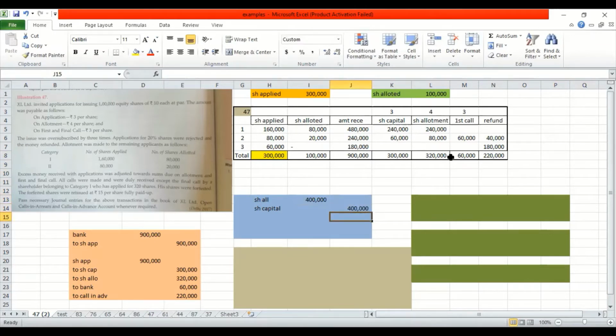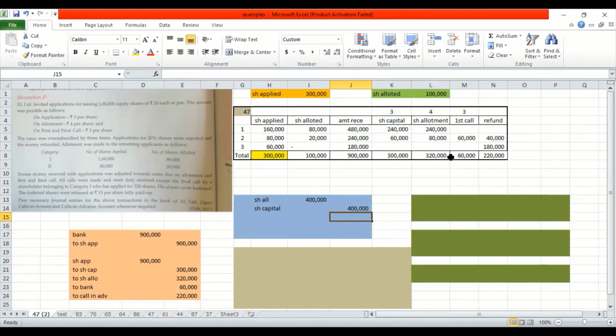Now after that, let us understand if there is any call in arrears. The issue was subscribed, excess money was transferred, all the calls were made duly except final call belonging to category 1 who had applied for 320. His shares were forfeited and reissued.